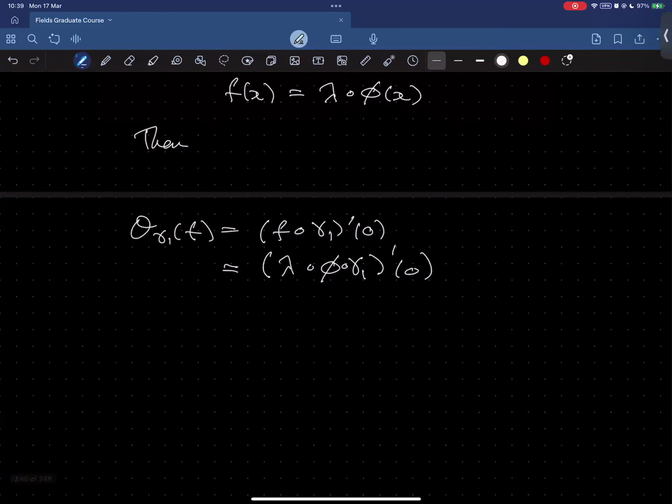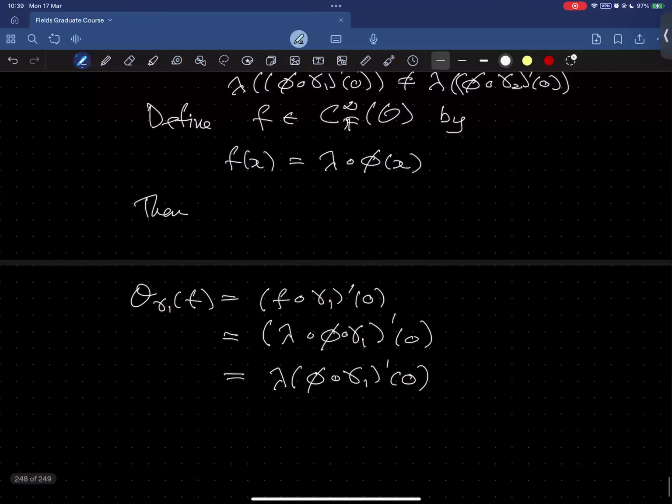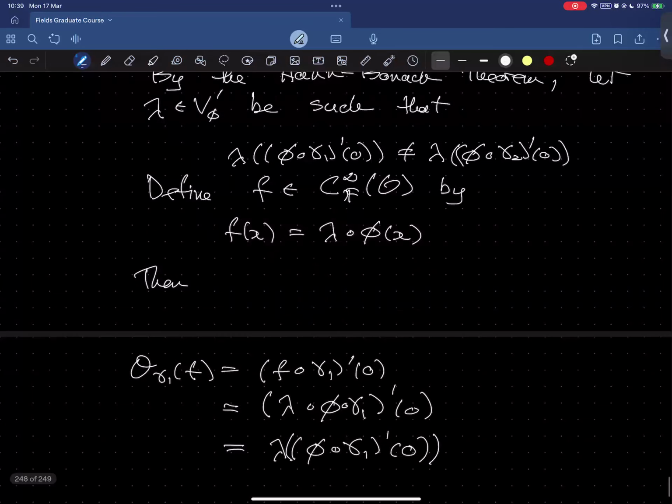Lambda here is a continuous linear function. So I'm going to apply the chain rule to lambda and its composition with this composition. I know that the derivative of lambda is lambda. So when I do this derivative, I get lambda applied to phi composed with gamma 1 prime at 0. And I know that this is different from that.